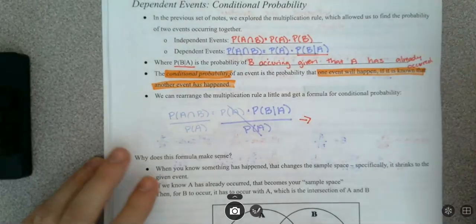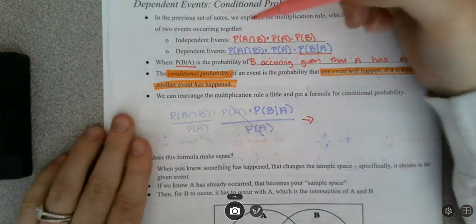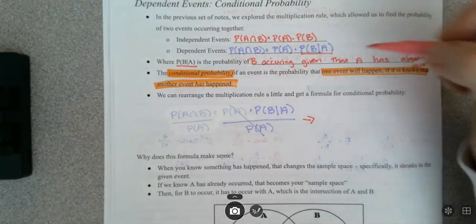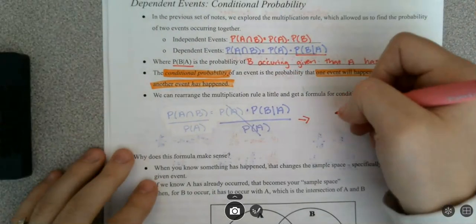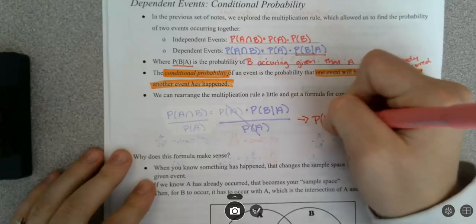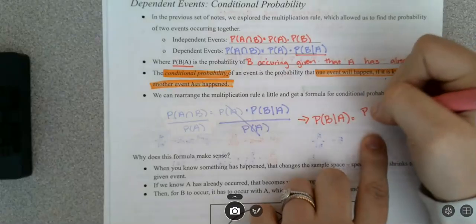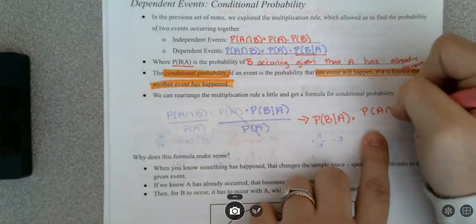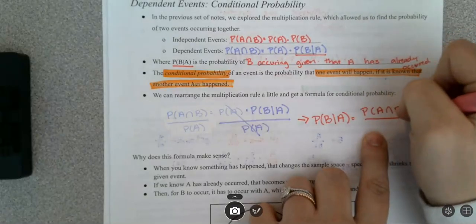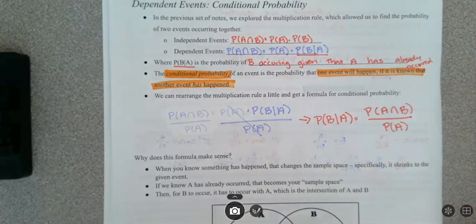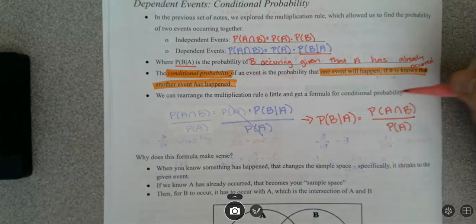Sometimes we don't know the given probability, that little fancy one we were talking about. So now we have that the probability of B given A is equal to the probability of A and B over the probability of A. So now we have this new formula.